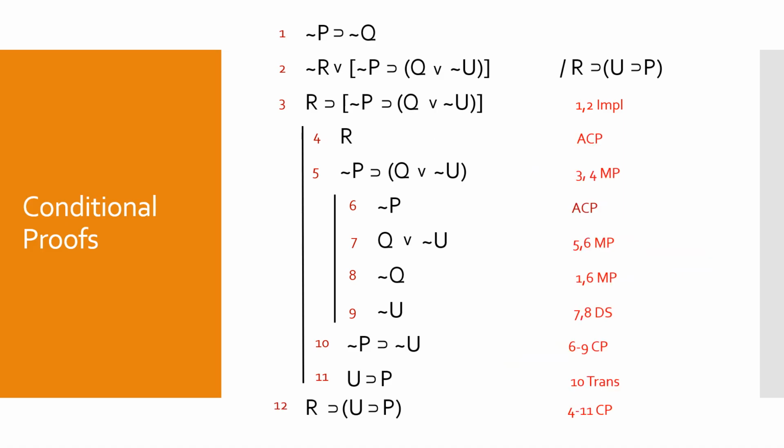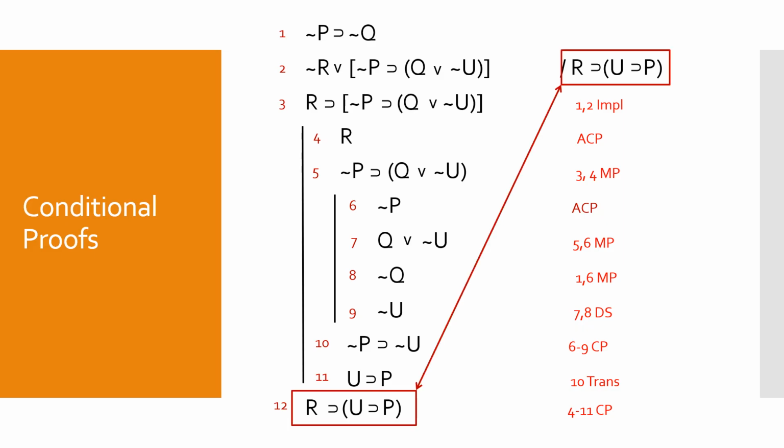So line 4 started one conditional proof sequence, but before it was completed, another conditional proof sequence began with line 6. Now note that both lines have now been justified. And what this allows us to do then is combine all of this into a single proof using 4 through 11 as a conditional proof to draw the conclusion that we're after, which is if R, then if U, then P. And this constitutes proof that this is a valid argument.